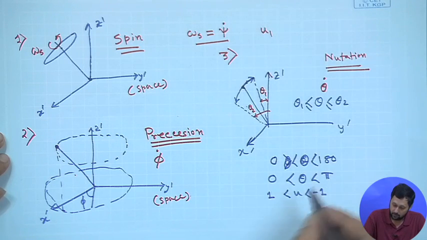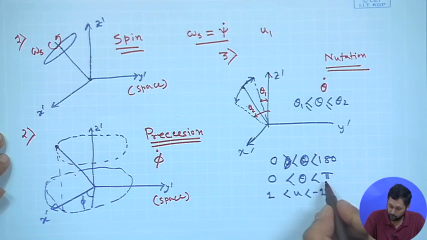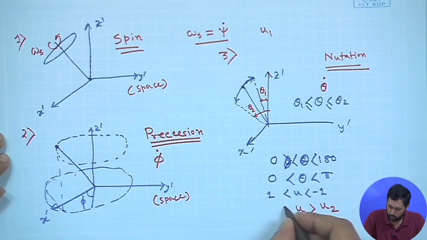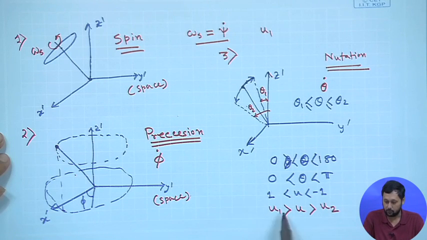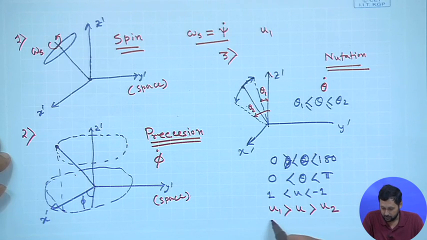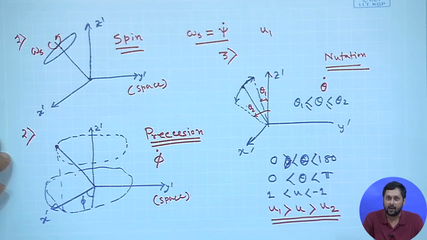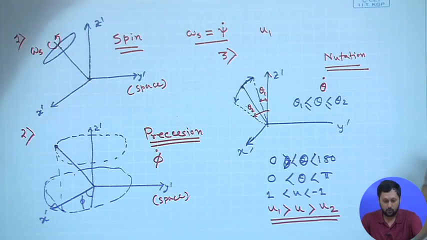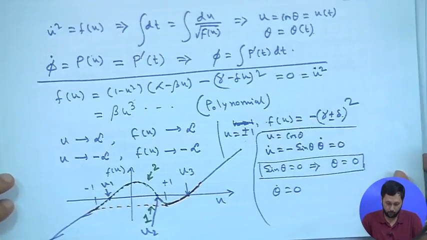So, the limit of theta is between 0 and pi, and limit of u has to be between u2 and u1. So, u1 is greater, u2 is less. Okay. So, these are the physical range of u in which we can have a physically possible motion of the top. Clear? Right.